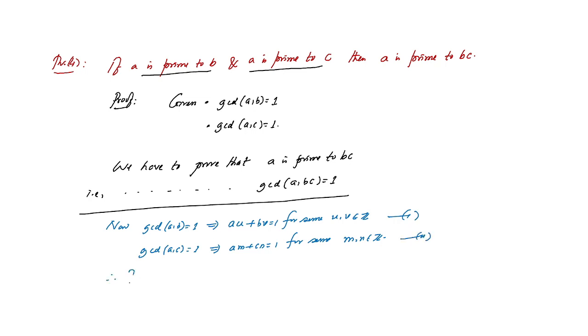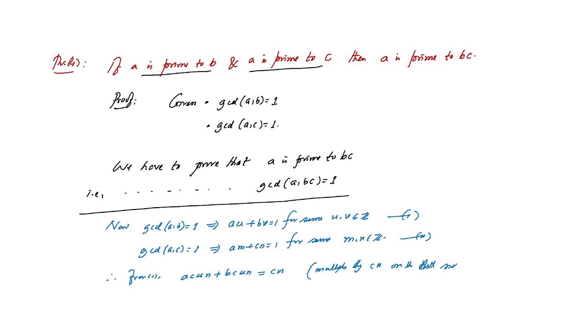Now from 1, we just multiply CN on both sides. So it will be ACUN plus BCVN, that will be CN.